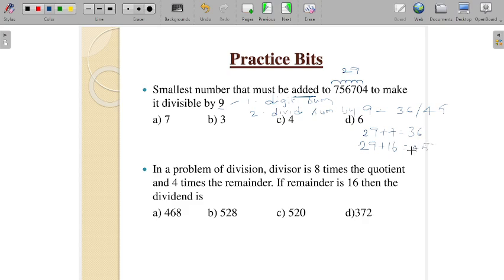Since we need only one digit, we can't apply this rule. So this is the answer. If we add 7, then we can divide the number. Okay, let's check.